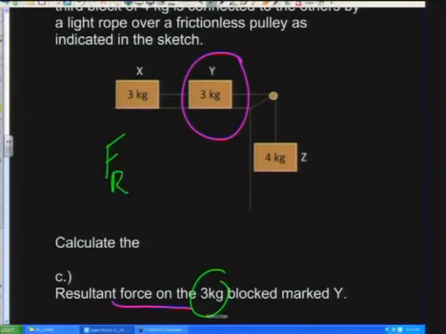The resultant force is equal to the mass times the acceleration. We know that the tension is in that direction. There's another force in that direction, and we can work out what the resultant force is on the 3 kilogram block marked Y by simply putting in 3 times A and working it out. It's not that difficult.